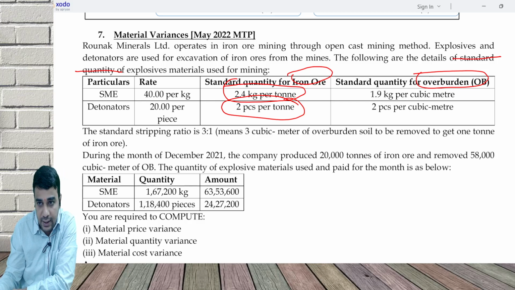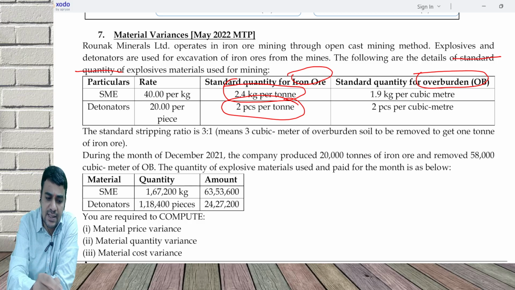Between the detonator and iron ore, the input output ratio is 2 is to 1. Between SME and overburden, tell me what is the input output ratio. 1.9 is to 1. Between detonators and overburden, 2 is to 1.